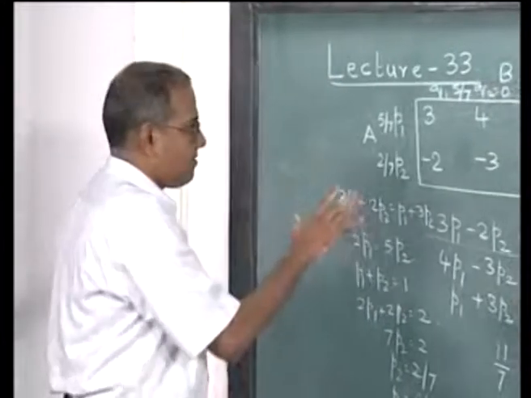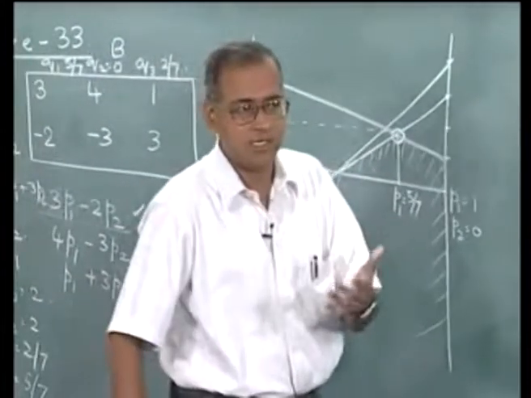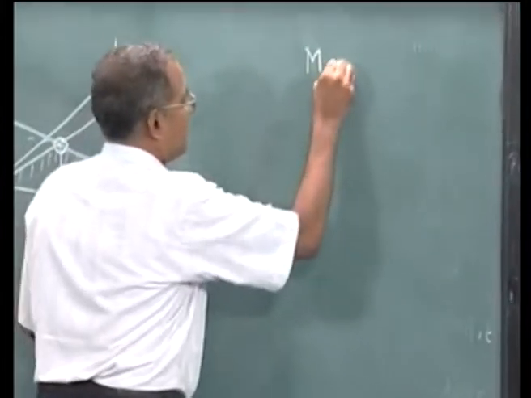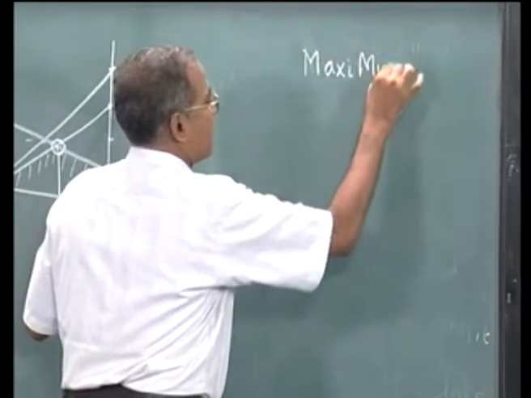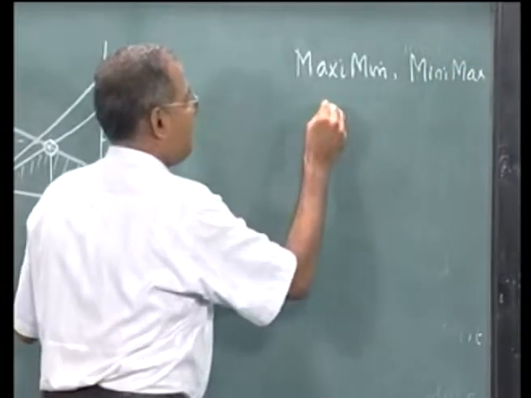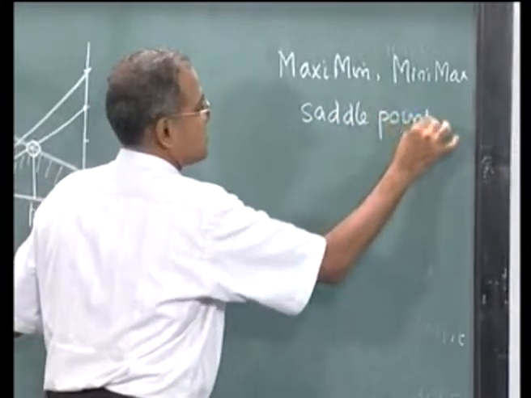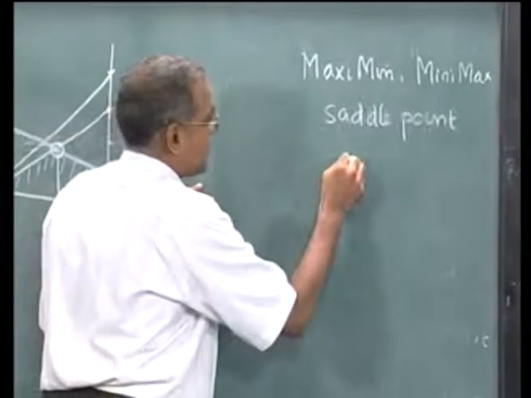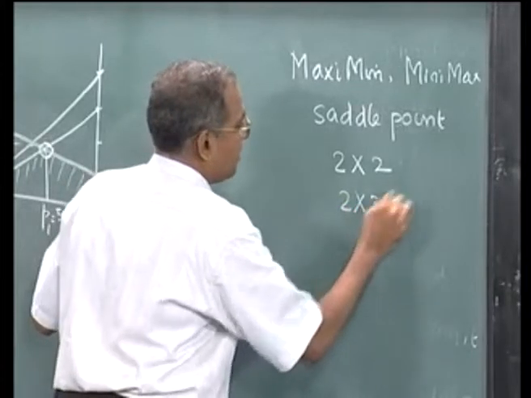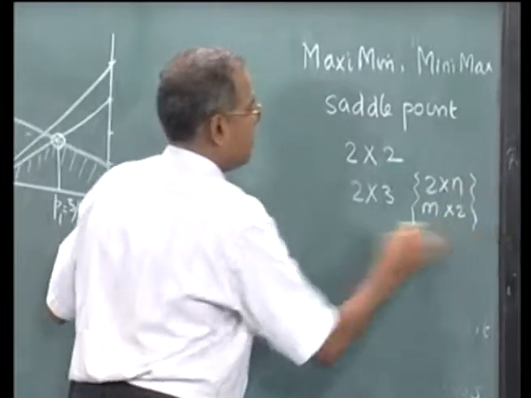So this is how we solve the game theory problem. We looked at what the game theory problem was, we introduced the idea of maximin and minimax. Then we said that if the game has a saddle point, we should be able to find it, and if the game does not have a saddle point, we solved a 2 by 2, and then a 2 by 3, or in general a 2 by n or an m by 2, using the graphical method.